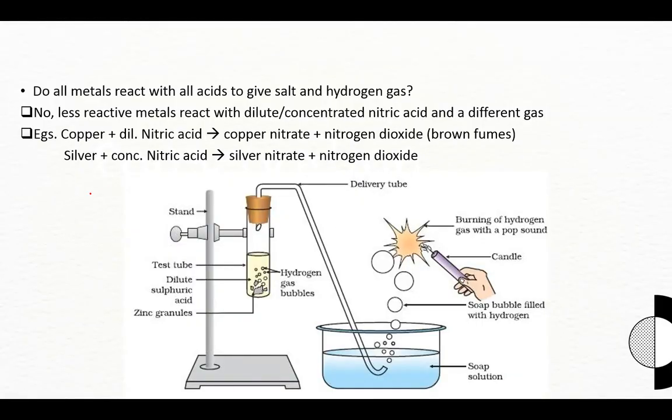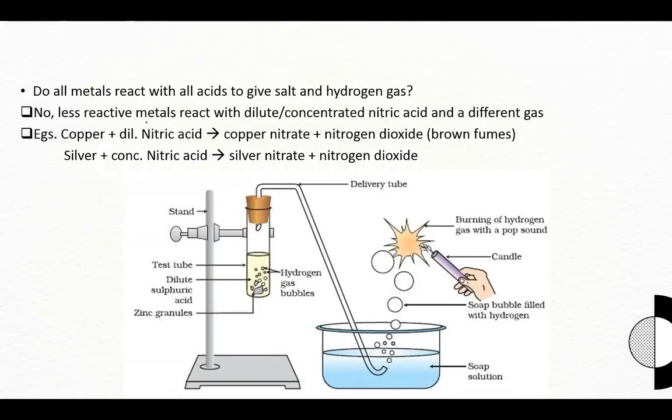Now, do all metals react with acids to give that salt and hydrogen gas, or could we get a different gas? So the answer is no, right? The less reactive metals react with dilute or concentrated nitric acid, and a different gas is given off. So most of the examples that we would look at are the reactions with hydrochloric acid, right?